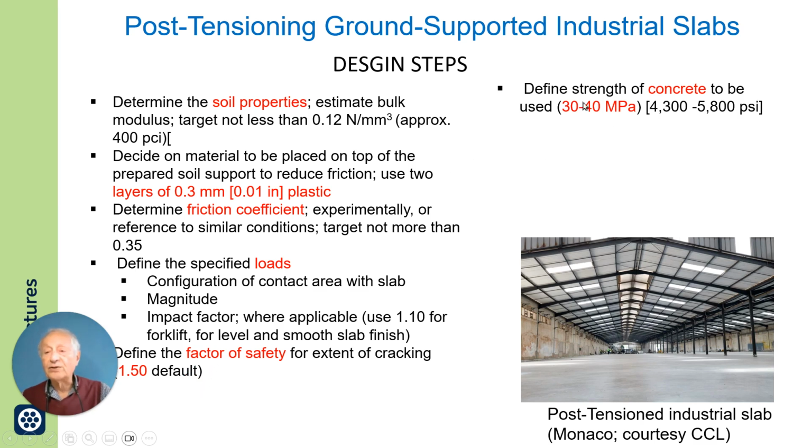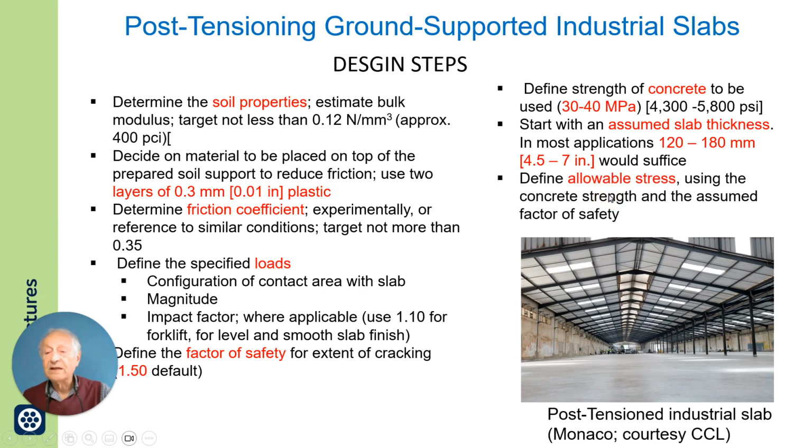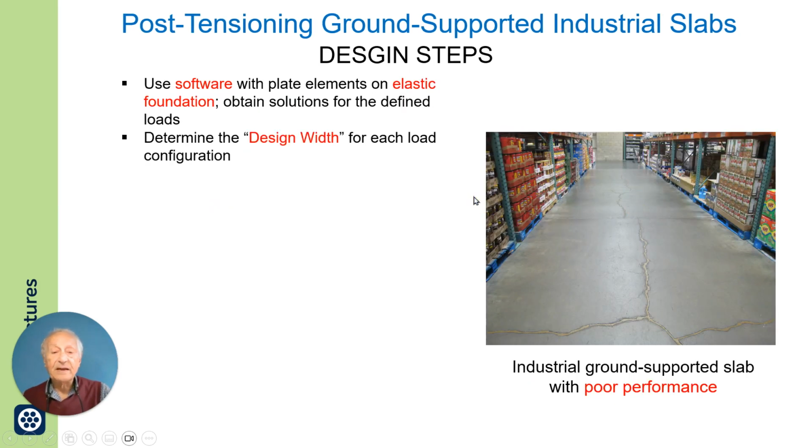You define your concrete strength, and then you start with an assumed slab thickness, typically 4.5 to 7 inches. And then you define your allowable stress, which is the cracking stress divided by factor of safety. And you define the design width, which depends on the dimension of the load and the slab thickness.